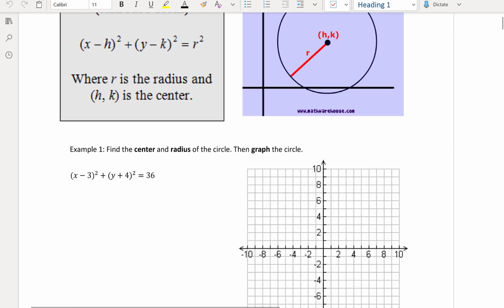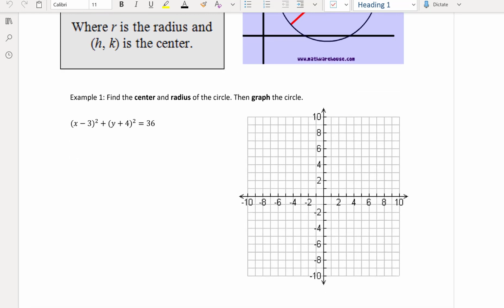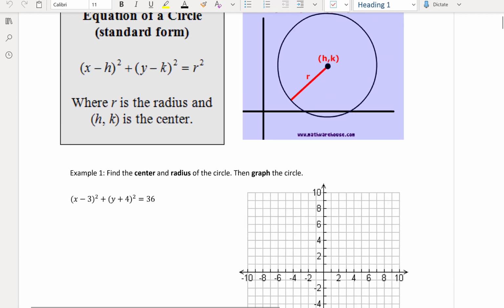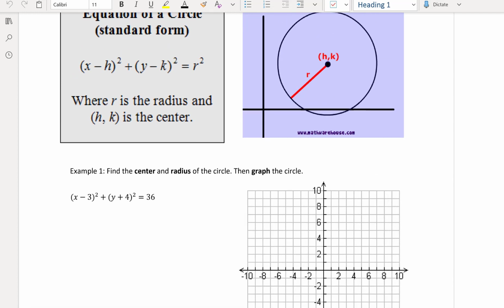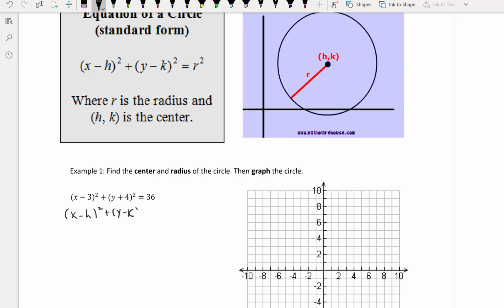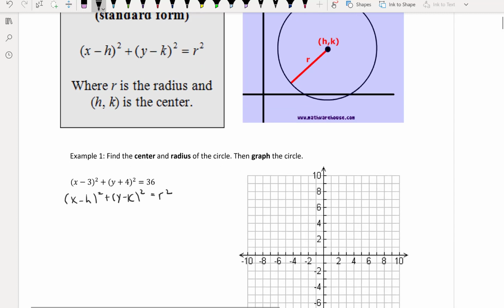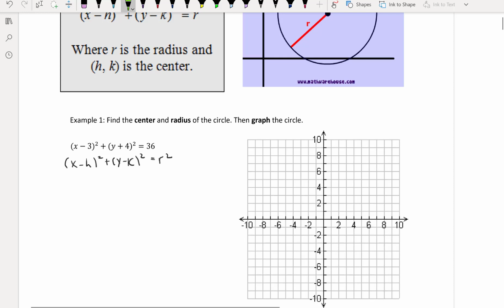Okay, so let's look at example number 1. It says find the center and radius of the circle, then graph the circle. By looking at our notes up above, we have our general equation where we have x minus h squared plus y minus k squared is equal to the radius squared. Because we have that outline, I know exactly what my h and k are going to be.